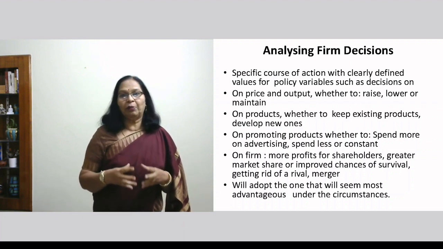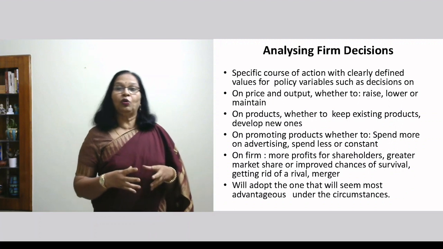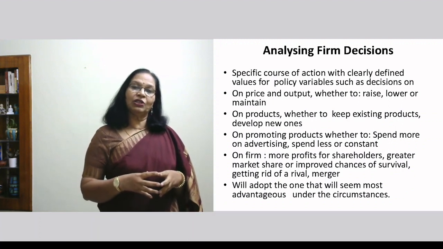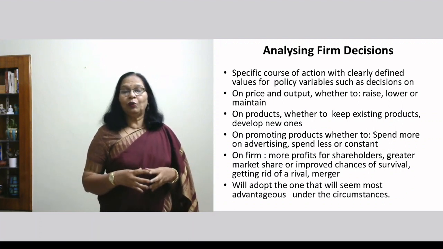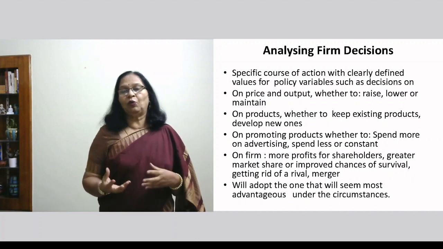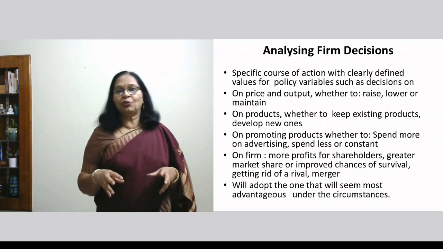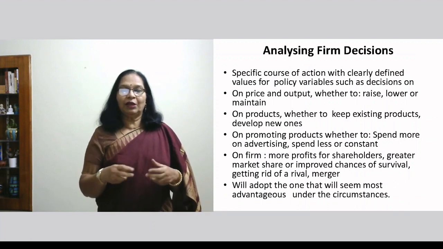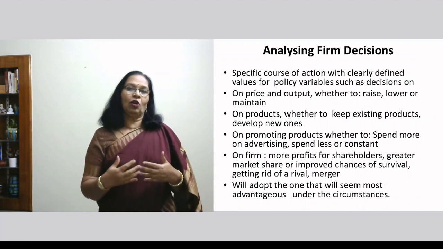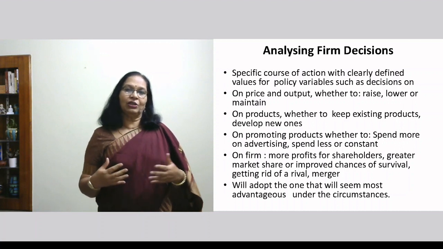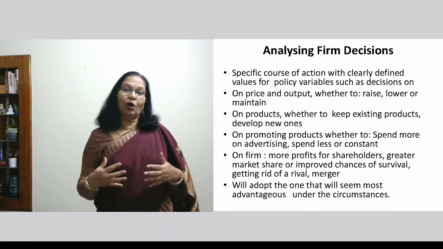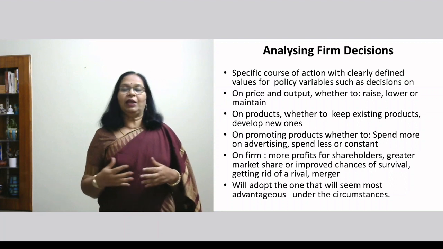Do they want to get a greater market share, or do they want to increase their chances of survival, or do they want to merge with another firm, or purchase another firm? All these are decisions which cannot be made in a plain way. This requires a lot of action and counteraction, and understanding how the rival firms can behave.